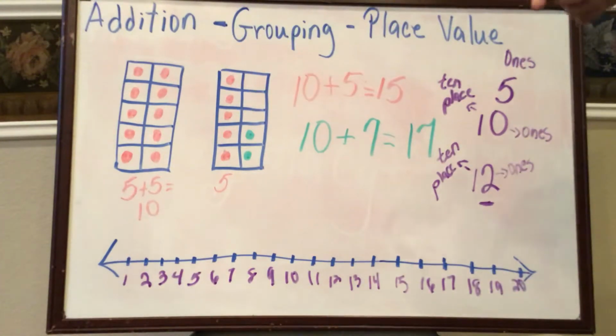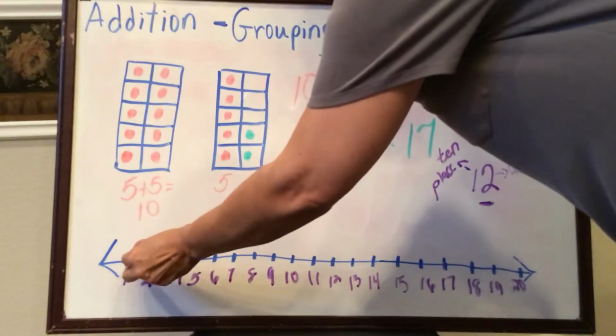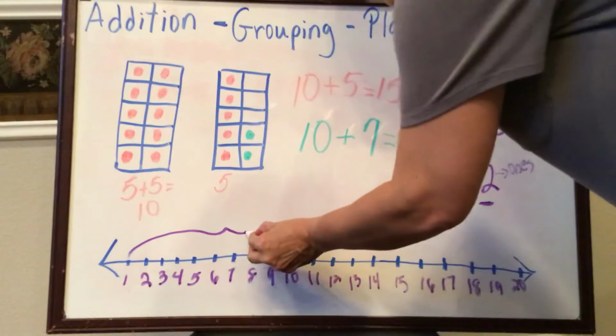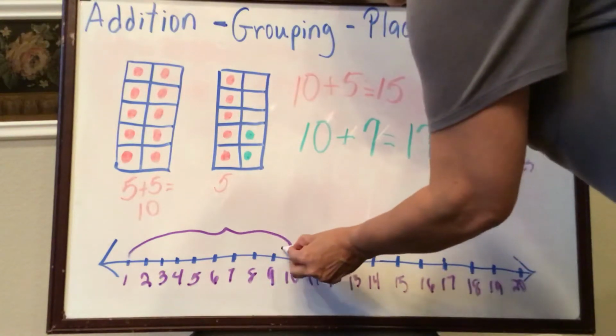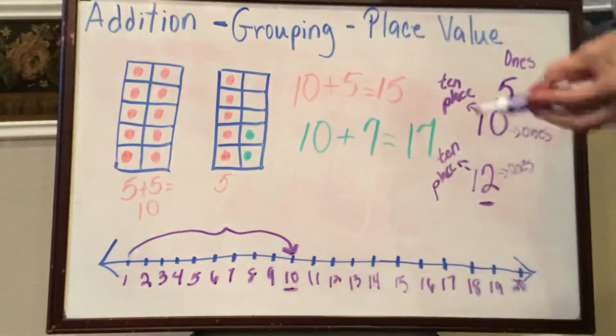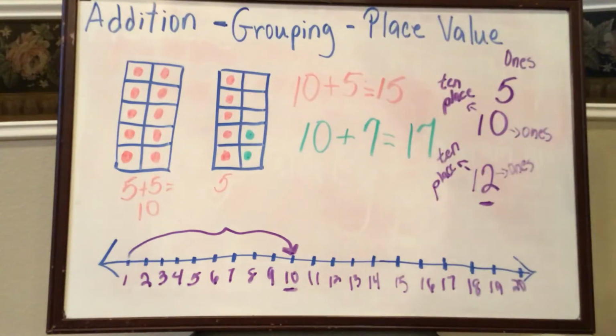I told you earlier when I did the word problem that your mom gave you 10 cookies. So let's mark here the 10 cookies that mommy gave me. So let's start from here, number 1. And we're gonna go all the way here to number 10. Mommy gave me 10 cookies. But daddy was so nice to me and he gave me 5 more cookies.